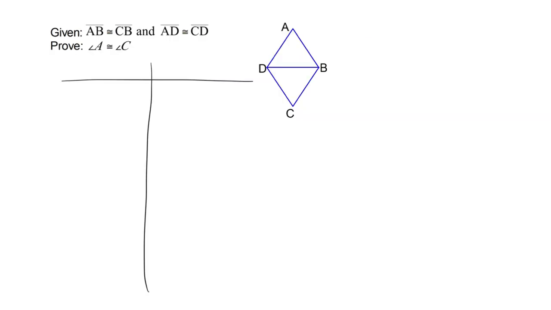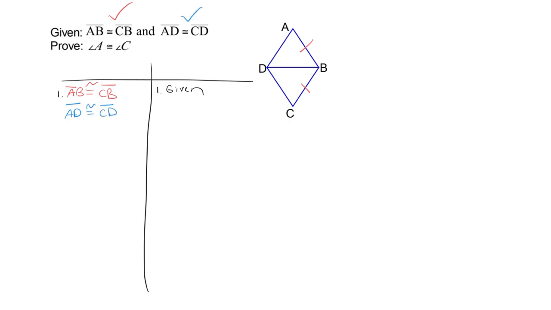Okay, so let's try another one. Again, we start by writing down our given, right? So we are told that segment AB is congruent to segment CB. I just used that part in my given. We are also told that segment AD is congruent to segment CD.